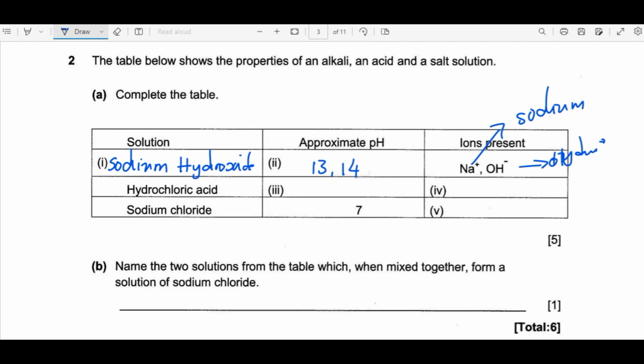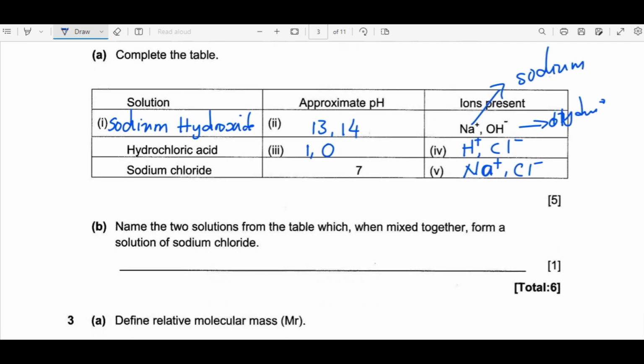So for this one we can use 1 or 0. Then the ions present, we have hydrogen positive, then the chloride negative here. Then for sodium chloride, we have 7. Then the ions present, we have sodium plus, then the chloride minus.